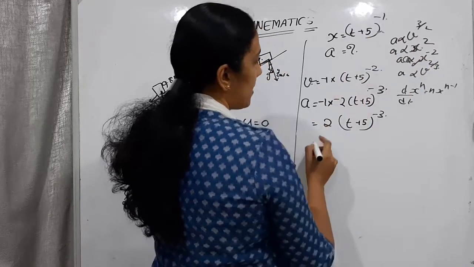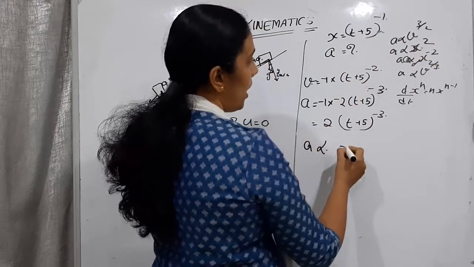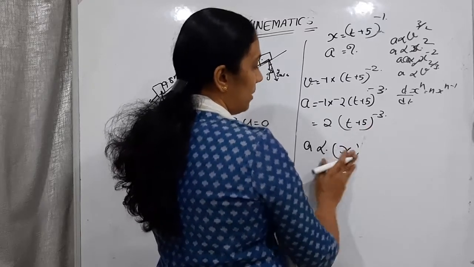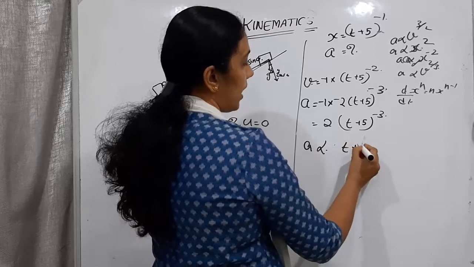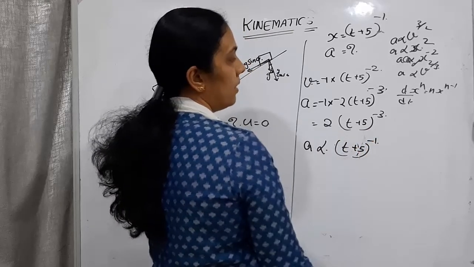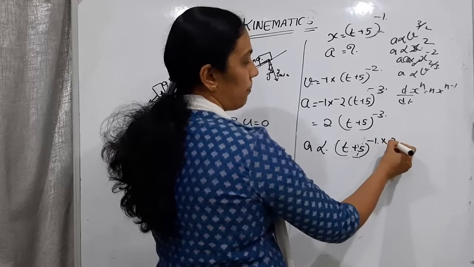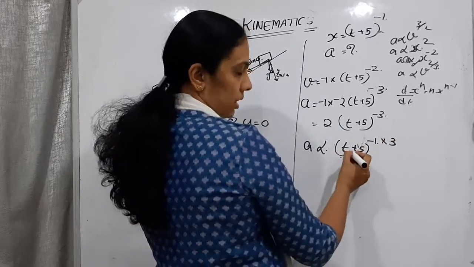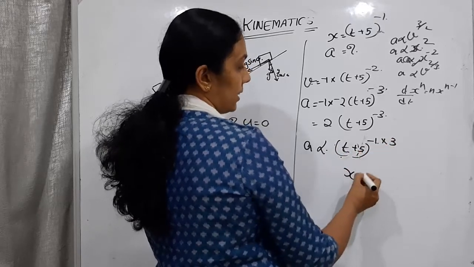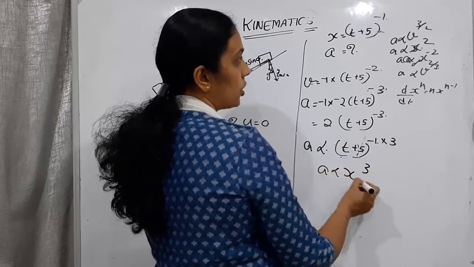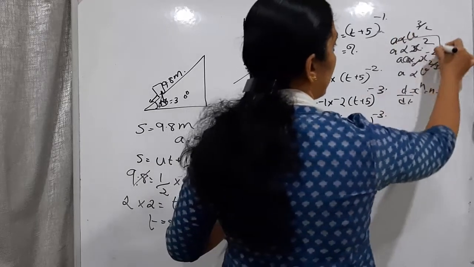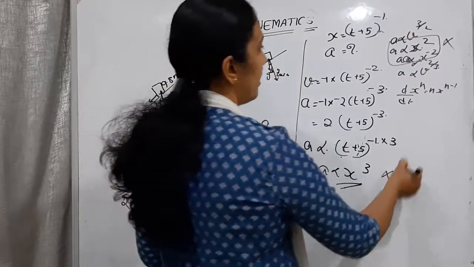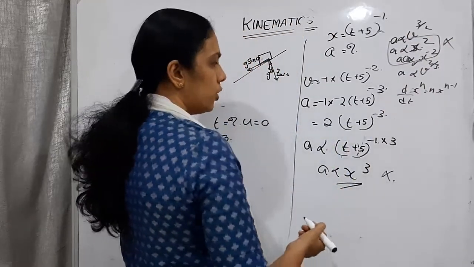So (t plus 5) to the power minus 3 means a is proportional to x to the power 3, because (t plus 5) to the power minus 1 is x. So it is x cube; a is proportional to x cube. That option is not there, so it is not proportional to x square. Now we need to find out whether it is proportional to velocity.